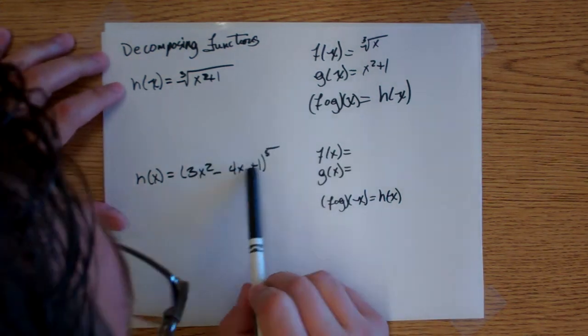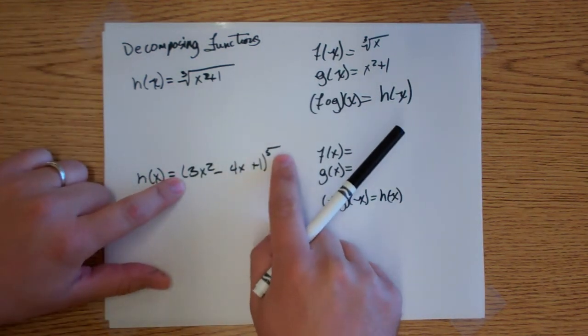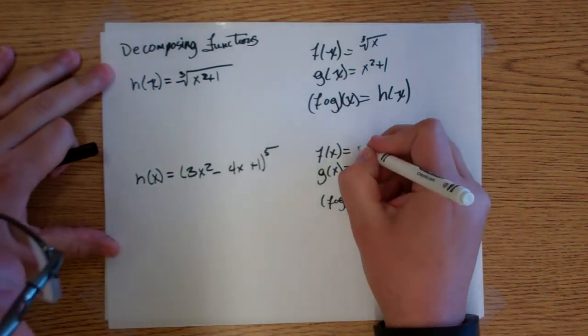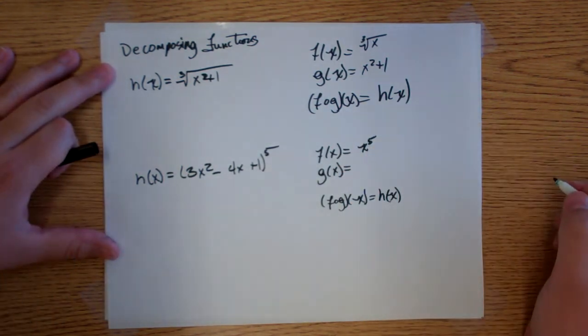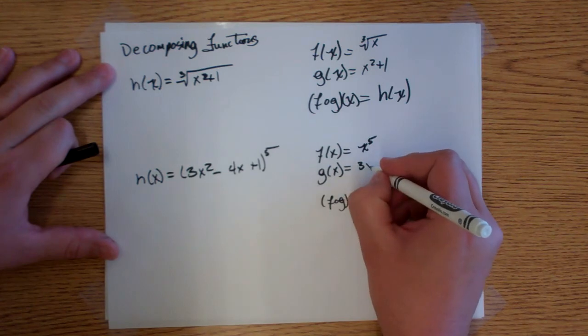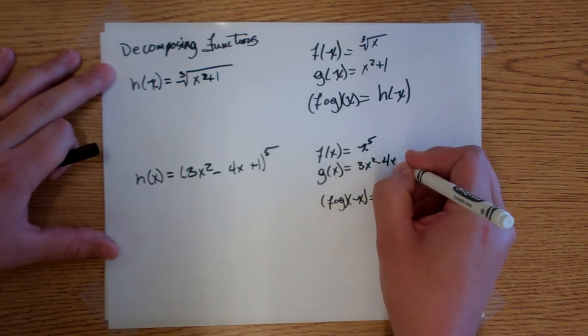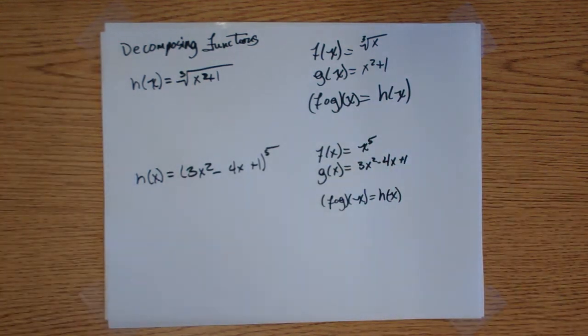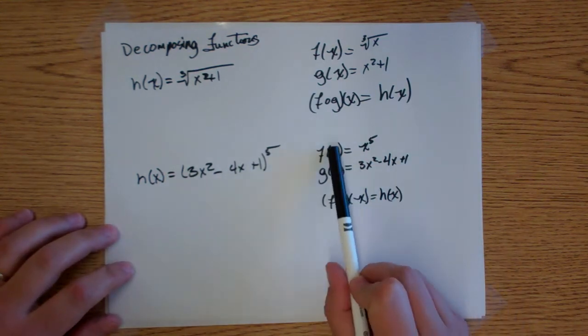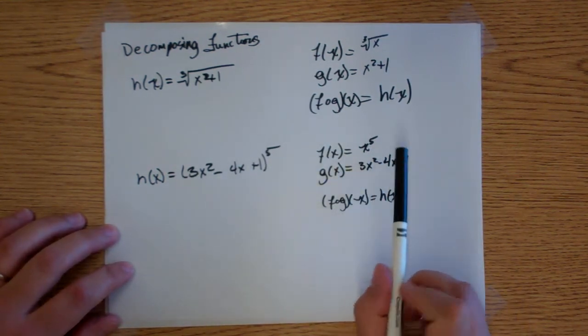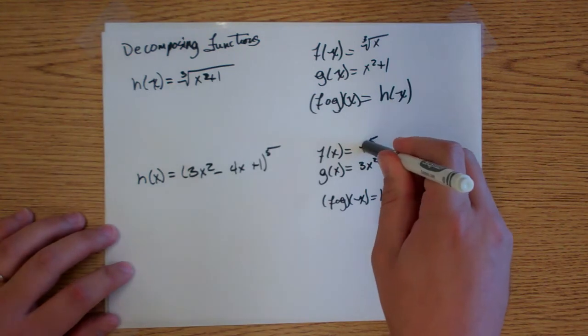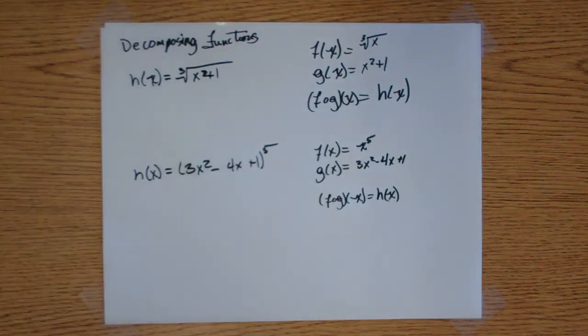Well, again, we have parentheses raised to the 5th. So if we made f of x equal x to the 5th, g of x would simply be everything inside the parentheses, because if we took g and put it into f of x, we would get h of x.